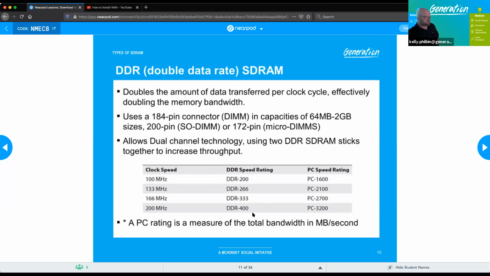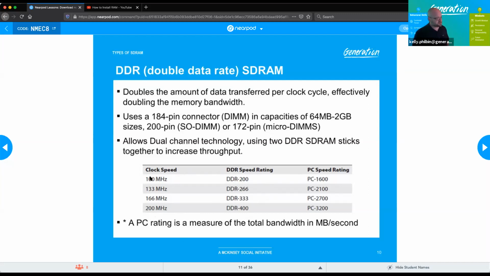Down here, this PC rating is the total bandwidth that a RAM blade can offer in megabytes per second. So you have your DDR speed rating, you have your clock speed, and then your PC rating.